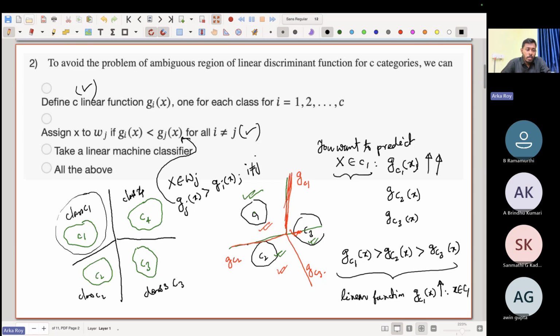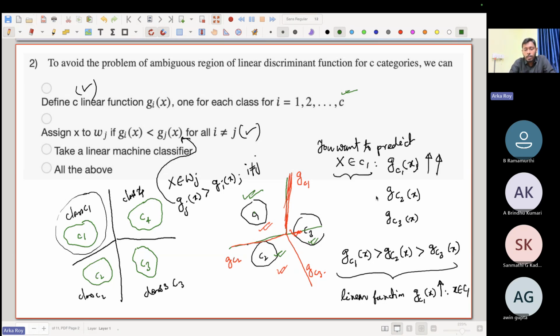Now let us see the third condition: take a linear machine classifier. You have already seen that you have C number of such classes, so you have to create a discriminant function for each. You either train, and there will be C such equations, and you have to solve those C simultaneous equations to get the weights of the decision boundary.